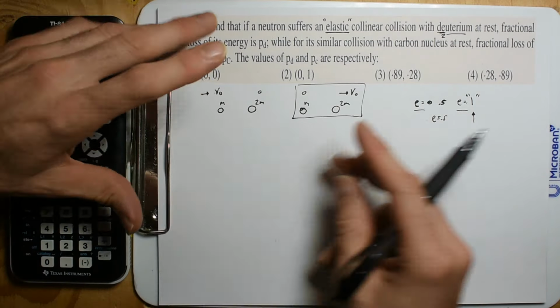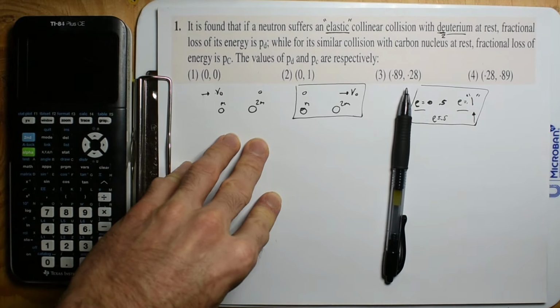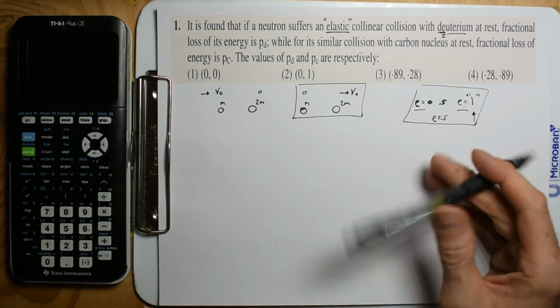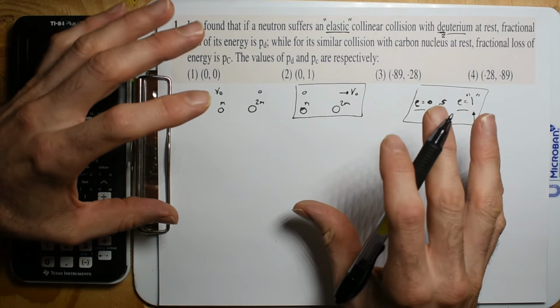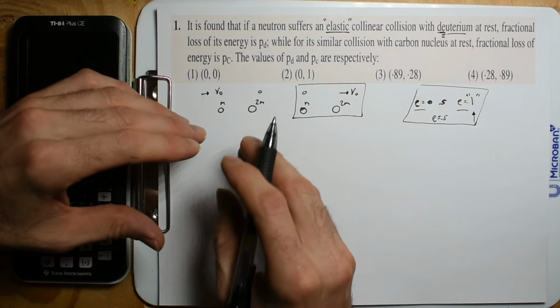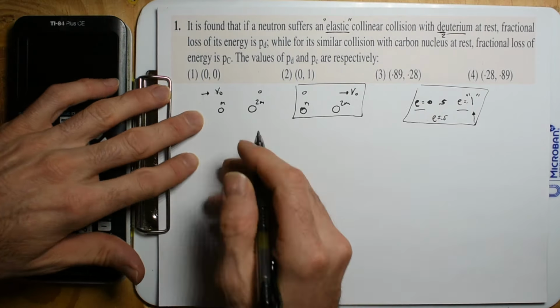Sure, in a collision you can have 0, 0.5, 1, and anything in between between the 2 colliding particles. But what you can't have is your initial momentum not equal to your final momentum.